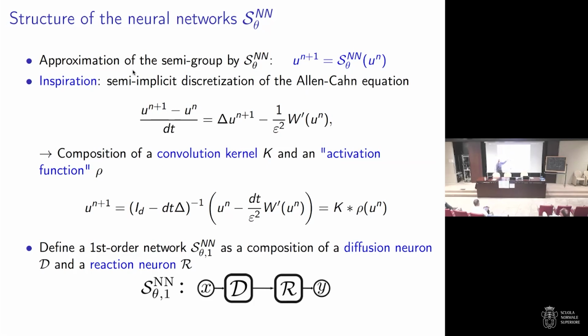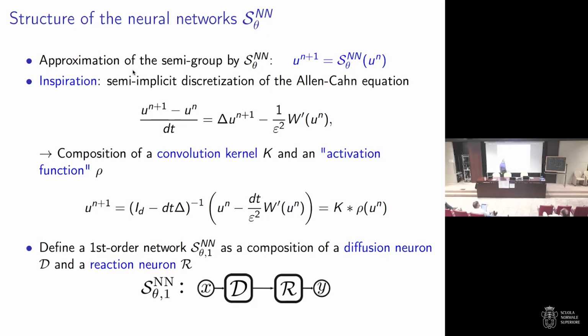And so the exact one-step evolution is this one. And of course, when you see it that way, you pass into Fourier space and come back. So this is exactly like considering a convolution operator with a nonlinear operator, which is this one. Our idea was really simple: let's try to train a neural network where you have a diffusion operator, which is actually a convolution operator, combined with a reaction operator.